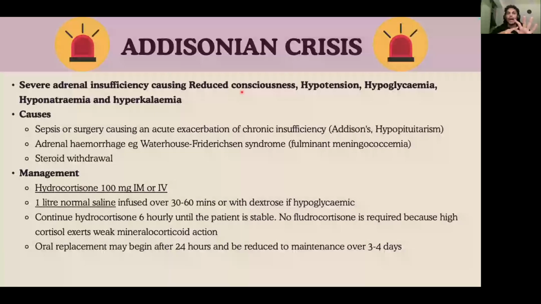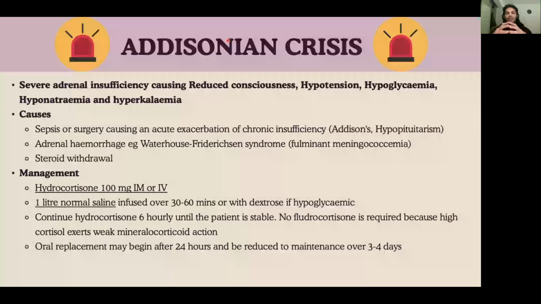It's usually sepsis or other causes of stress like surgeries. For all of us, when we have infections, our cortisol shoots up to help fight the infection, prevent hypoglycemia, help keep up blood pressure, and everything in between. In such patients, you don't have any cortisol that's helping, and it really pushes them over the edge.